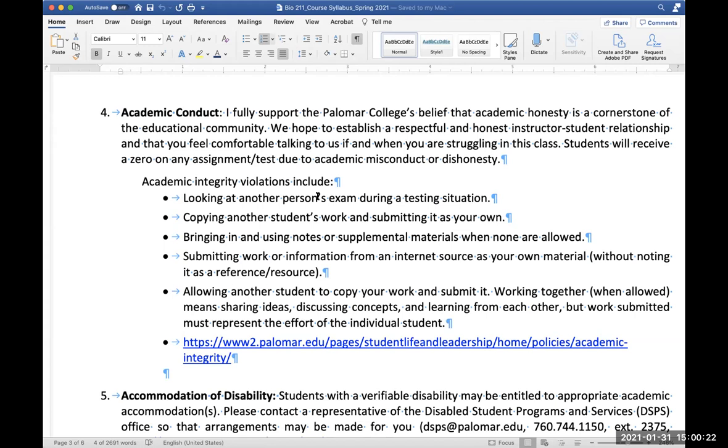So examples where this could be a situation are when we're taking our exams. You're not really going to have the opportunity to look over at somebody's paper, but in the online environment, this would equate to no discussion of quizzes and exams with anybody, but especially with another student. It's important that we cite sources when we utilize other people's ideas.